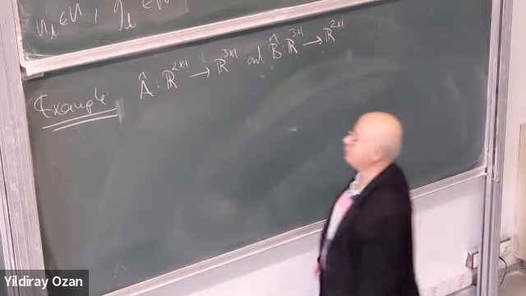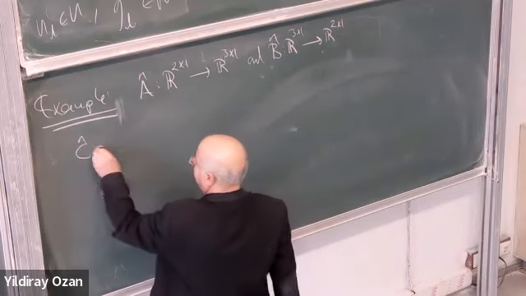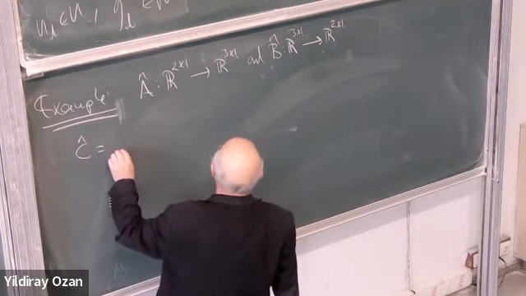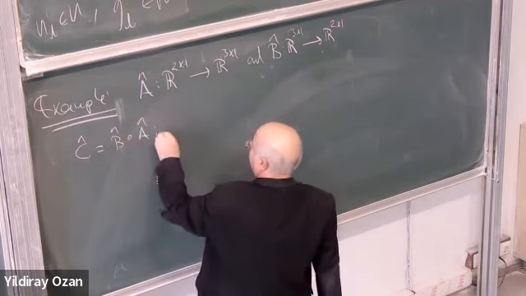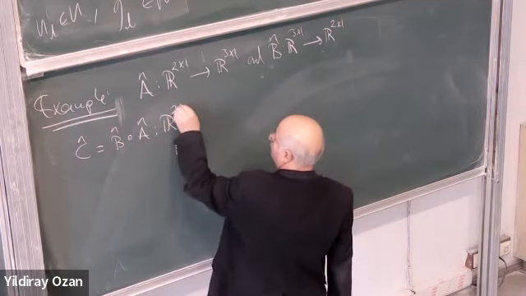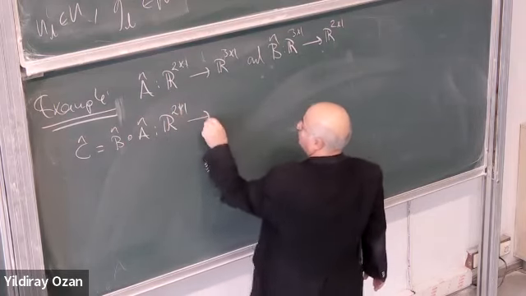So composition C, B hat composition A hat, will go from R2 to R1.